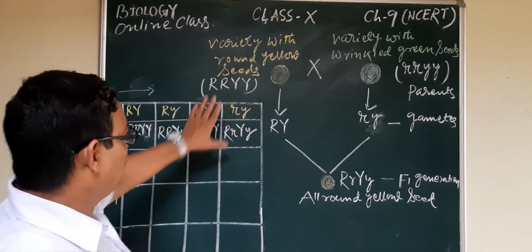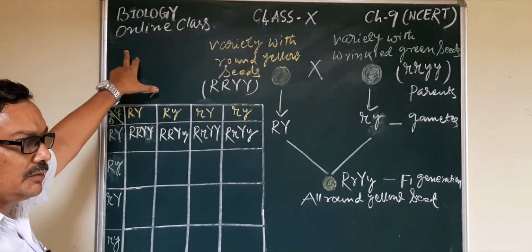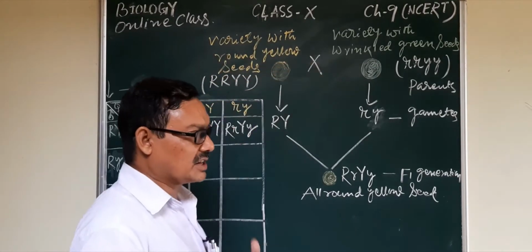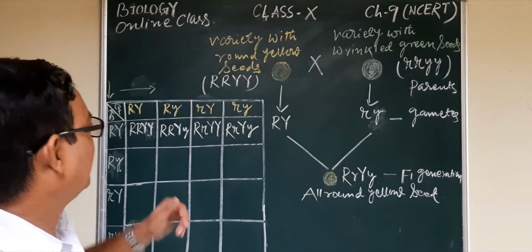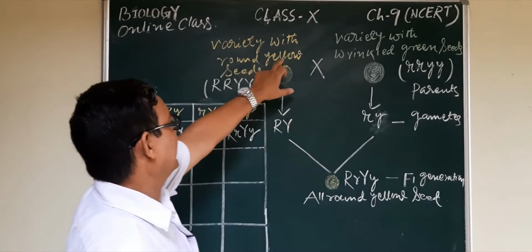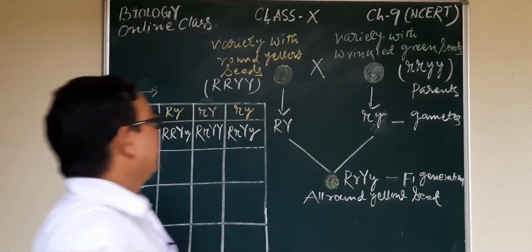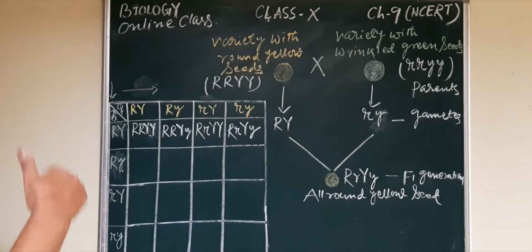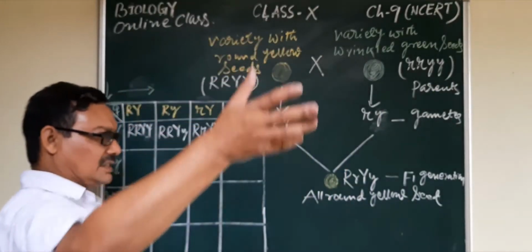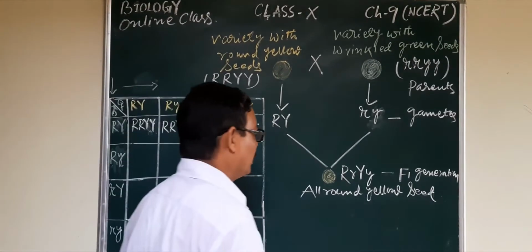I am repeating again here that in a dihybrid cross we have to consider two pairs of contrasting characters. The first pair is the round or wrinkled shape of the seed, and the second pair is the color of the seed, yellow and green. Here yellow is dominant over green, and round is dominant over wrinkled. You did this last week, and you have seen it here on the board.